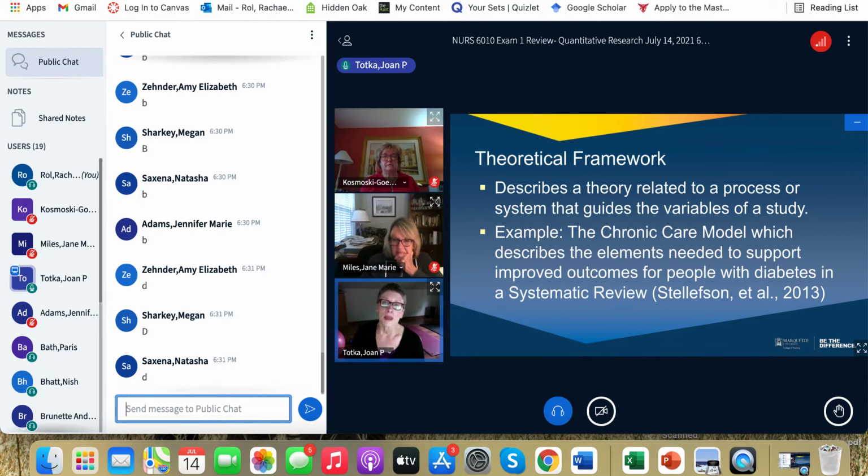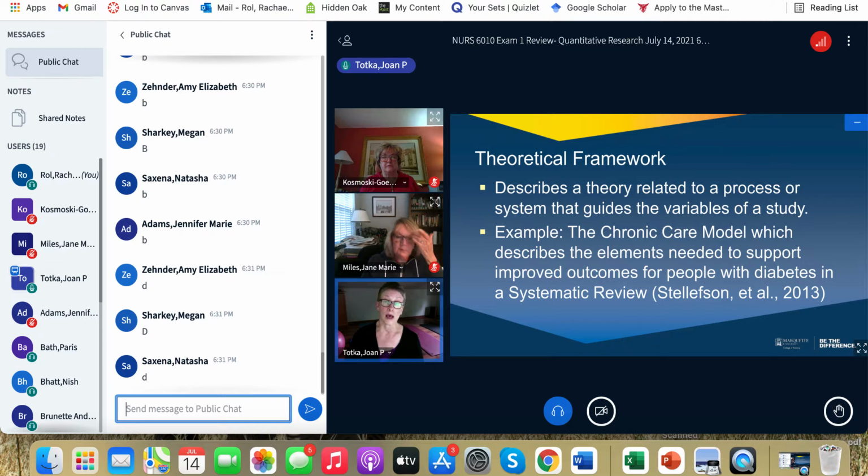Theoretical frameworks. Now, theoretical frameworks are sort of big ideas that describe theories related to a process or system that guide the variables of the study. And they're usually clinical based, so they're based on things that work in different situations.